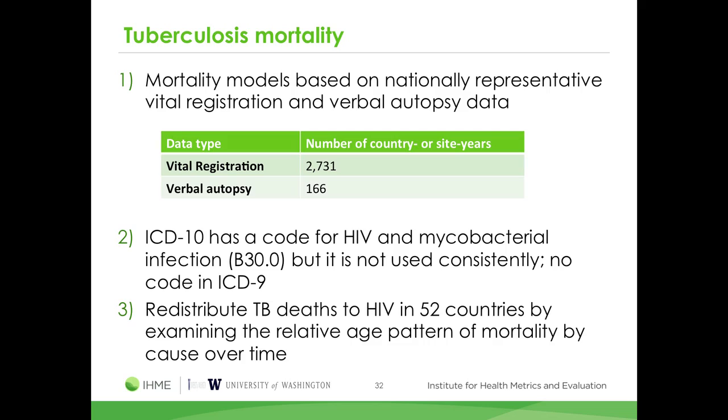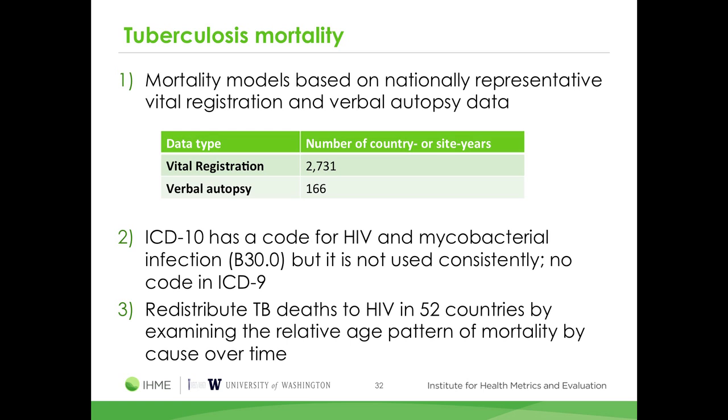So just a little word about the TB mortality. This is the high point of the analysis for TB, I think. There's a lot of vital registration data in the places where TB is still quite substantial. For example, in China now there's increasingly extensive cause of death data, and China is a source of substantial TB death.